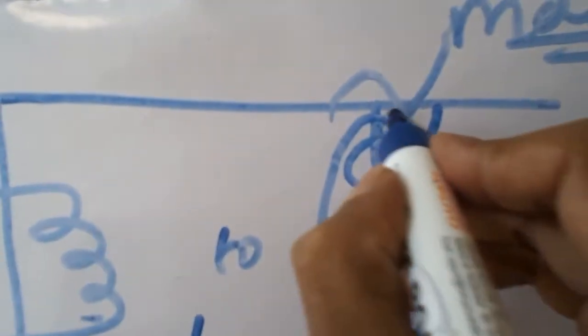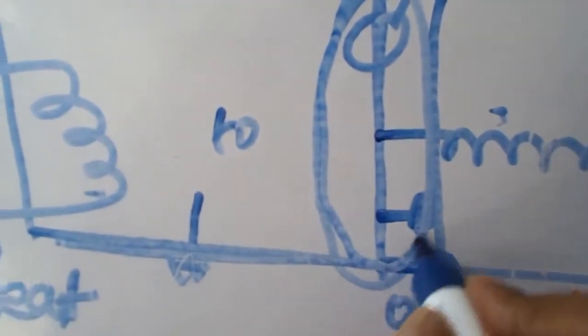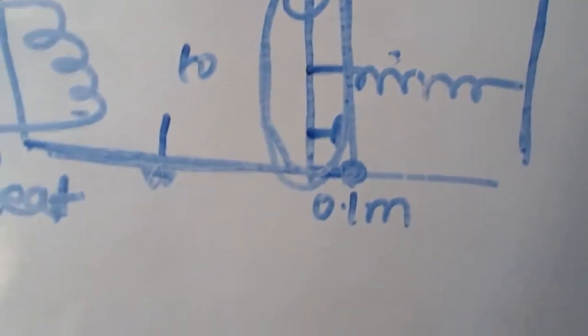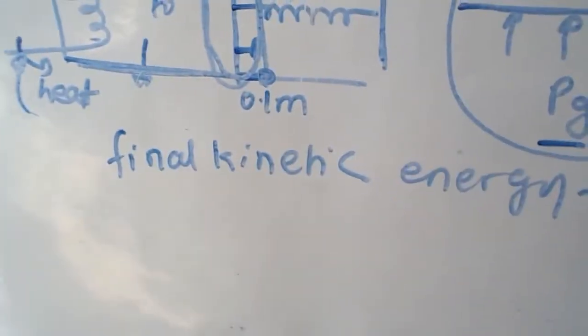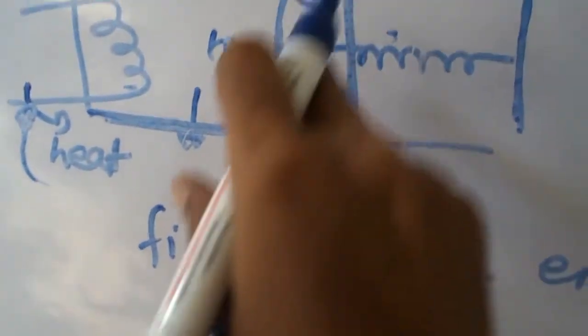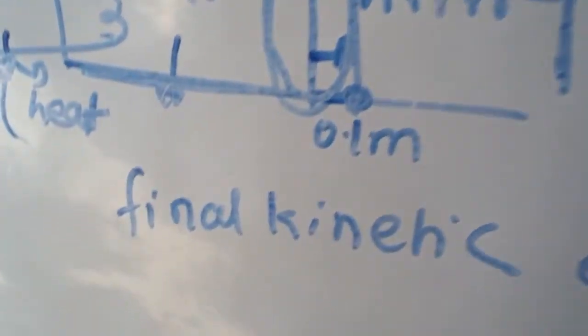Since this is always in equilibrium, initially it is at rest, so its kinetic energy is 0, and its final kinetic energy will be 0 because it is in equilibrium.